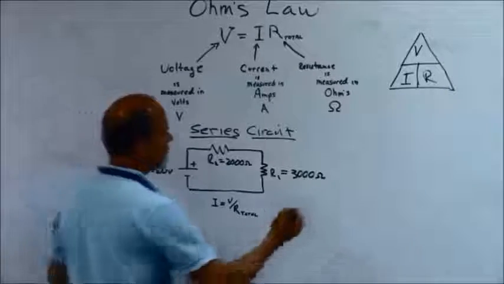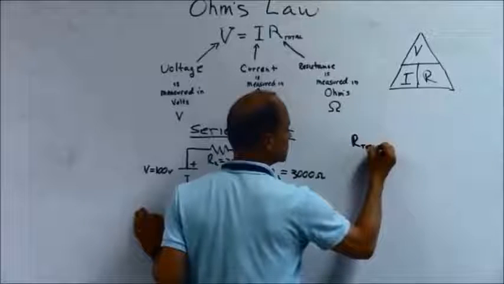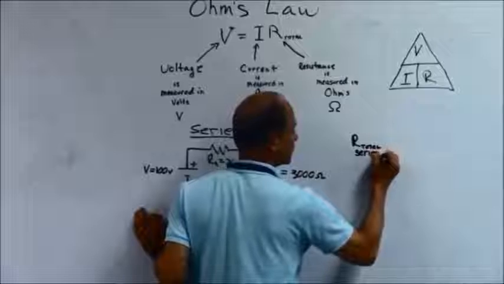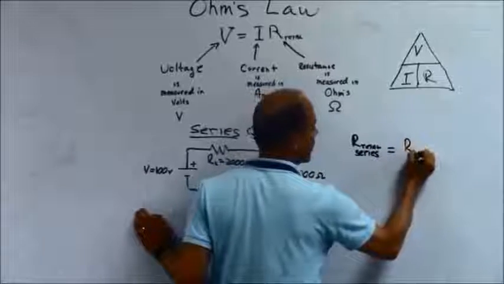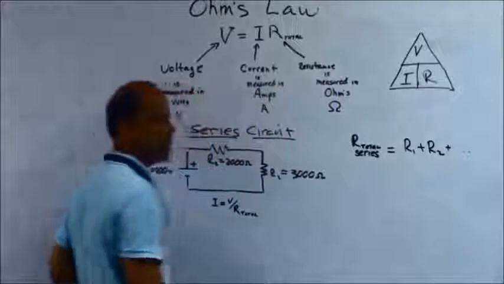In a series circuit, R total series is equal to R1 plus R2, plus however many resistors you have.